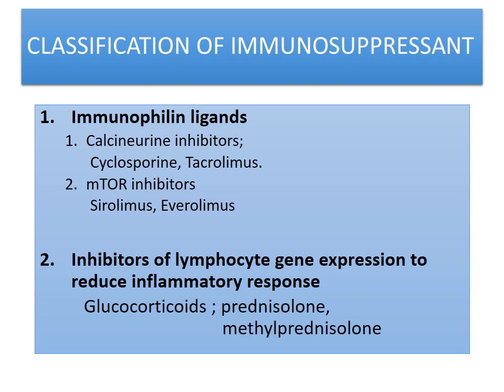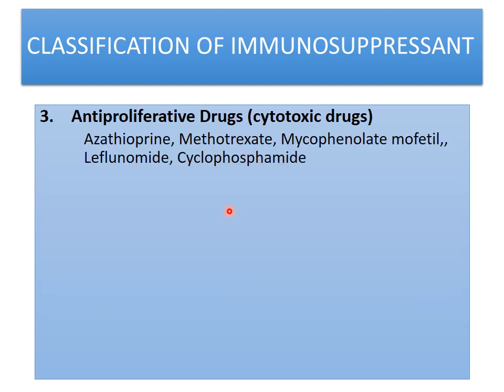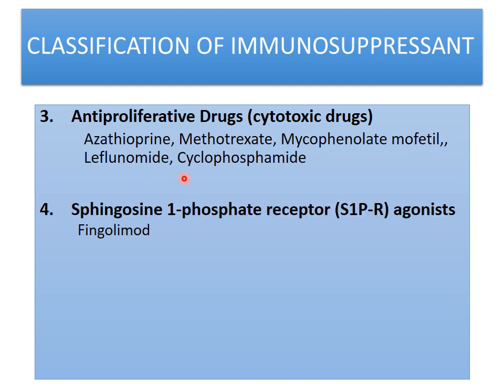They will be discussed in detail in the section of the endocrine system. The third group is anti-proliferative drugs, cytotoxic drugs. These are azathioprine, methotrexate, mycophenolate mofetil, leflunomide, and cyclophosphamide.